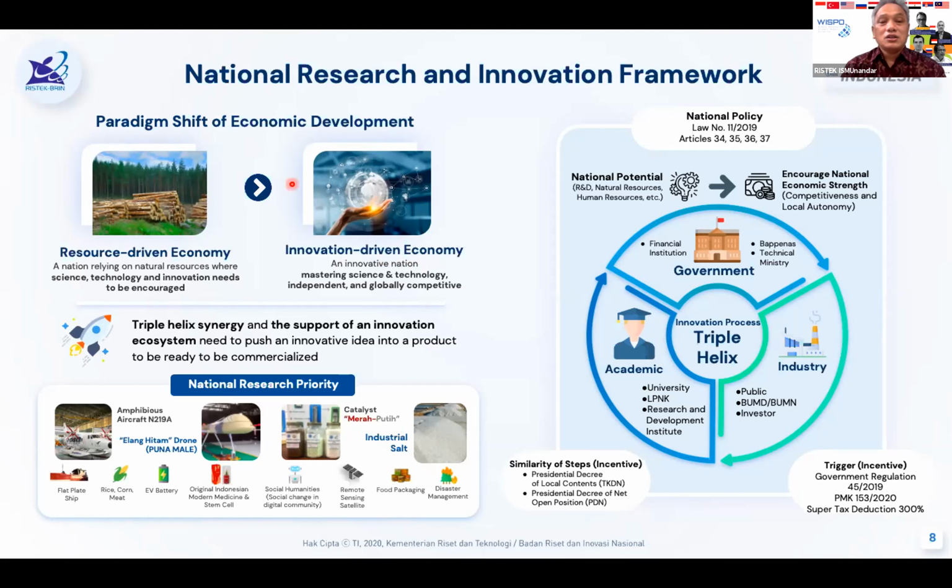In moving toward an innovation-driven economy, of course, research and development and innovation are very important. We have done a lot in terms of how we make innovation flourish in the country.